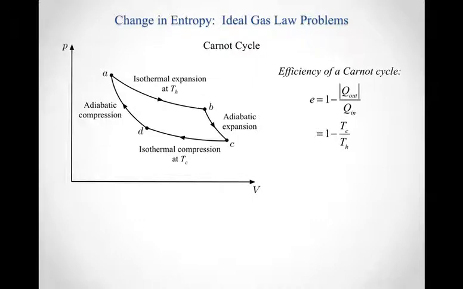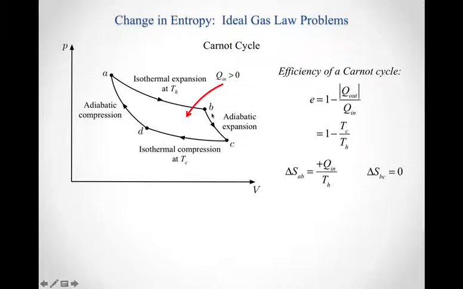So here's our plot for a Carnot cycle. It starts at state A. It undergoes an isothermal expansion at the hot temperature, then an adiabatic expansion from B to C, then an isothermal compression at the cold temperature, and then an adiabatic compression back to state A. If we want to think about the entropy change along all four of these processes, from A to B our cycle is taking energy in as heat, so I can calculate the entropy change from A to B as some positive Qn over the hot temperature of the cycle.